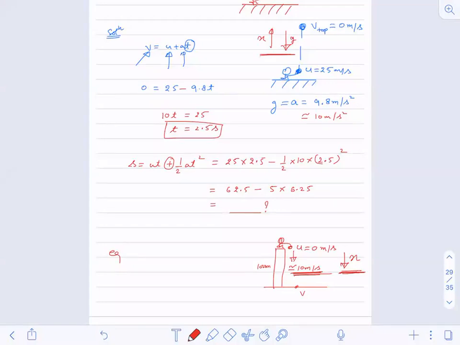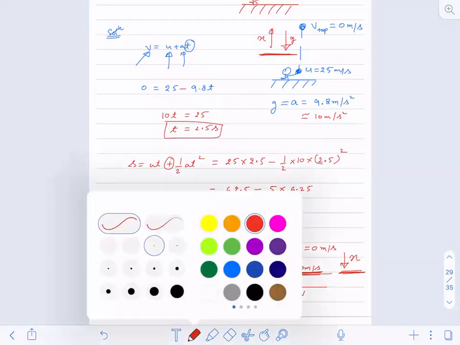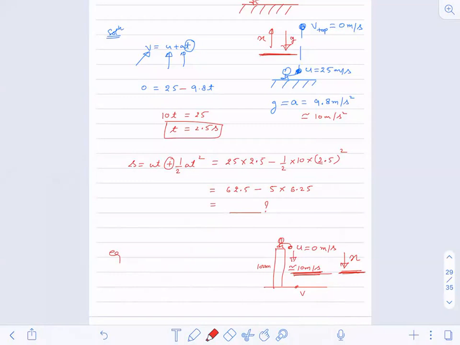But there, the body is moving upward and acceleration due to gravity is downward. That's why I have taken minus signs there. Understood? Here I'll take plus signs, I will not take minus signs.